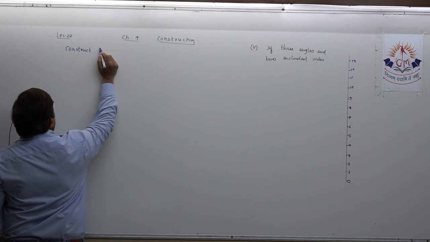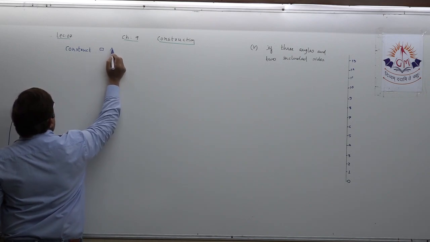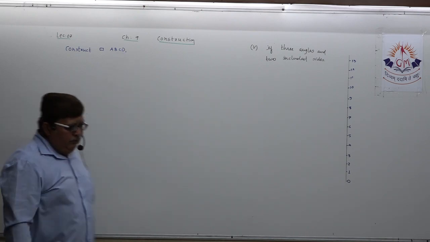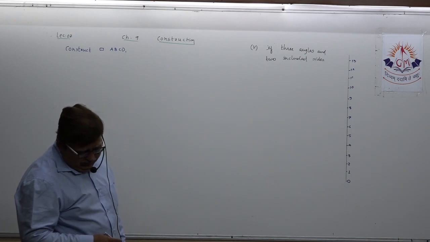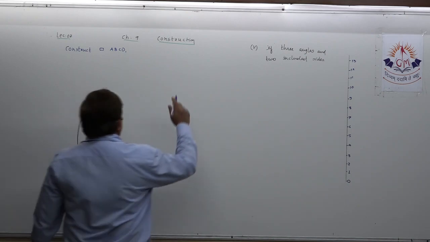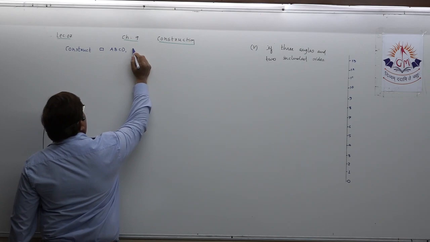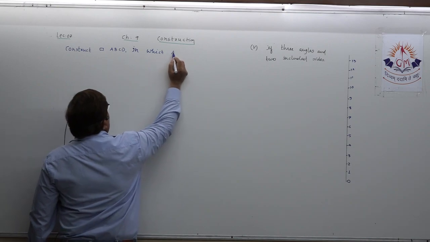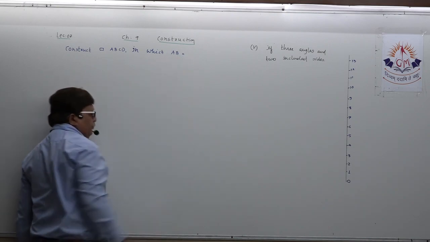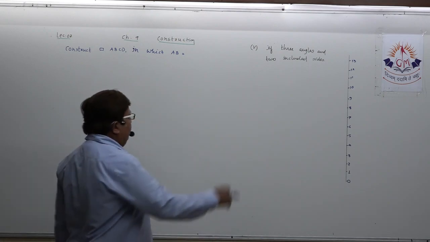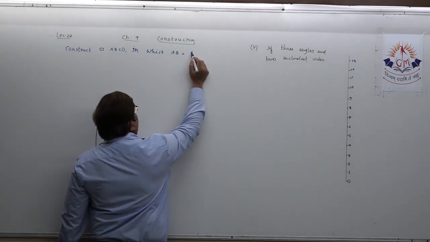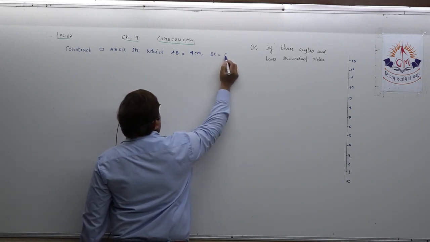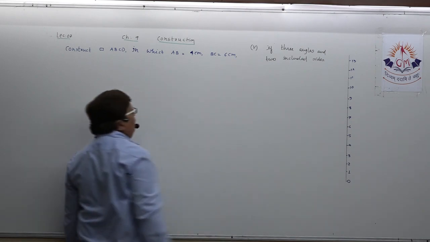Construct quadrilateral ABCD in which AB equals 4 centimeters, BC equals 6 centimeters.